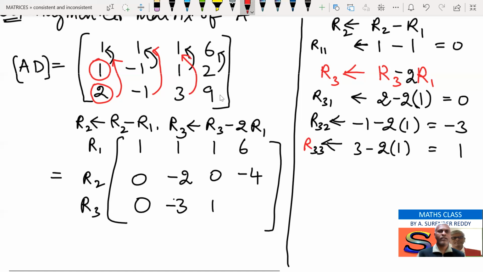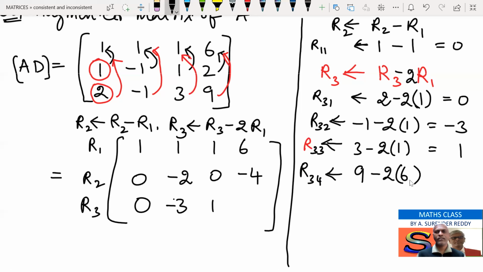And for 9 and 6, the R3 fourth number: R3 is 9 minus 2 into R1. R1 is 6. 9 minus 12 is minus 3. So R3 is 0, minus 3, 1, minus 3. Okay, so the first number also becomes 0.